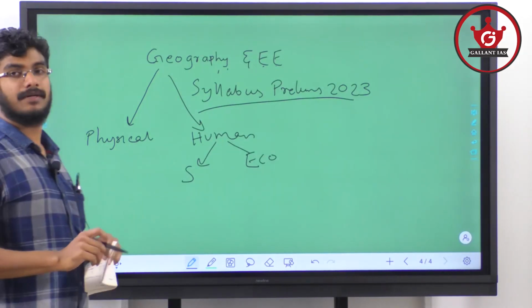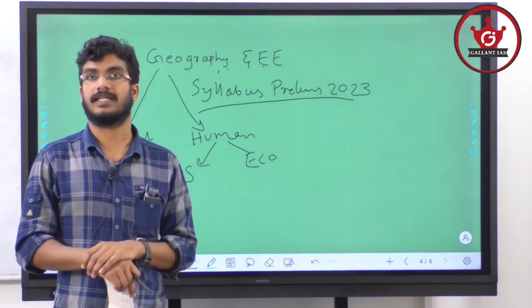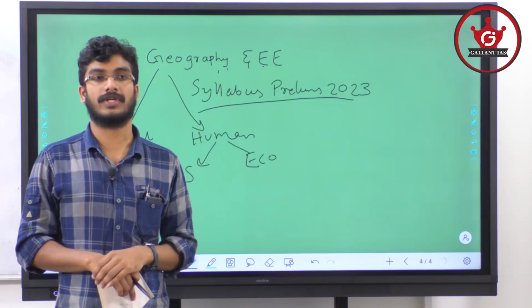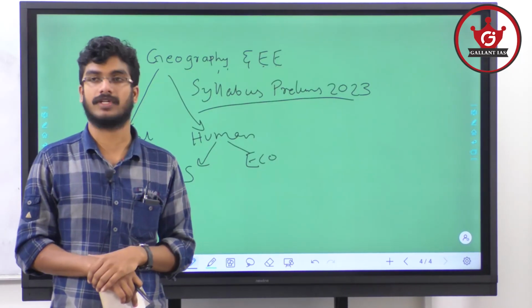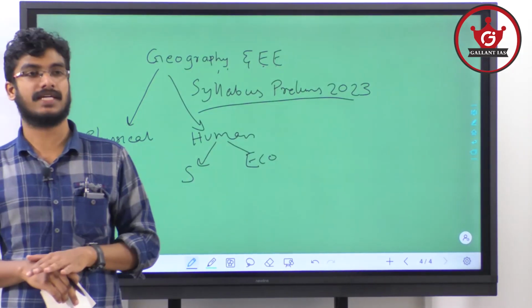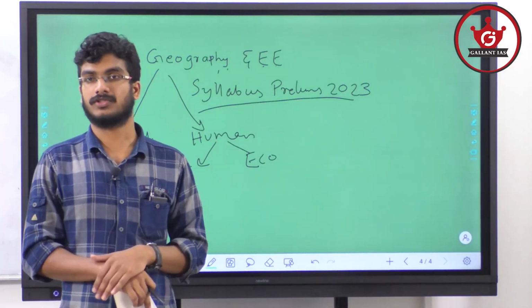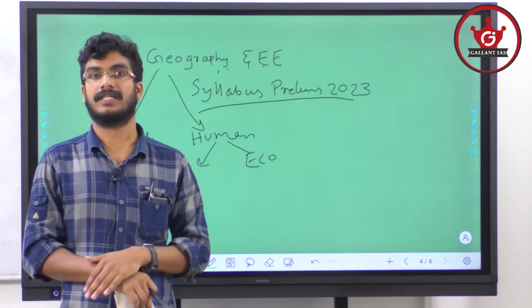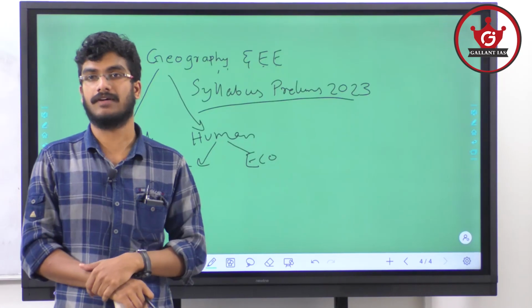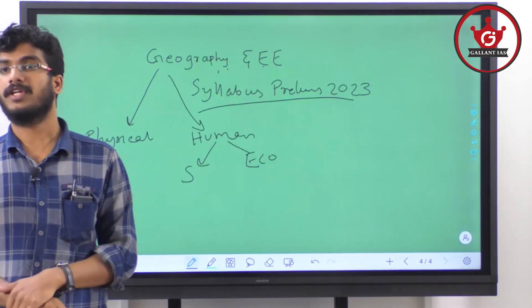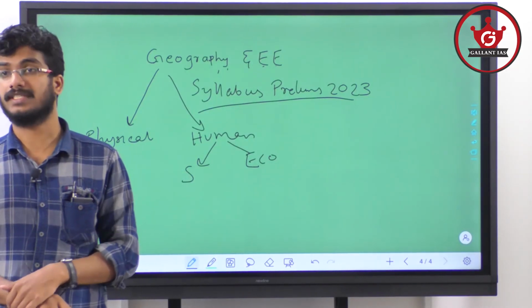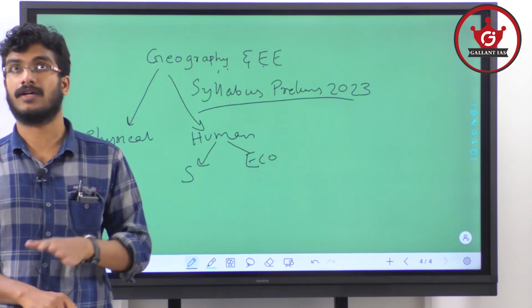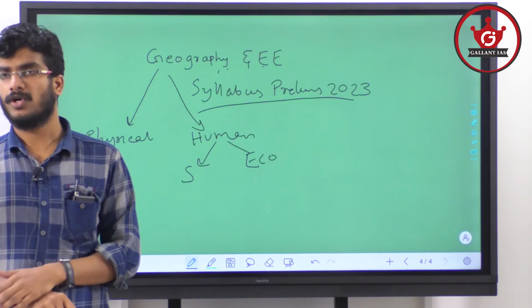If you analyze the previous year prelims questions, from 2016, and look at how many questions they are asking from geography, you can see that at that time it was around 4 to 5 questions, in 2016-17. It reached a maximum of 7 to 8 questions till 2020. But in 2021, you can see more than 10 questions. In 2022, it was about 12 or 13 questions.